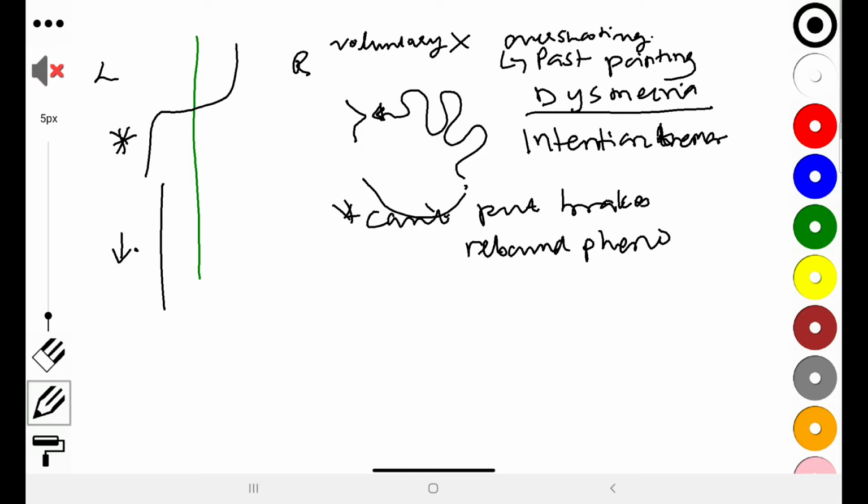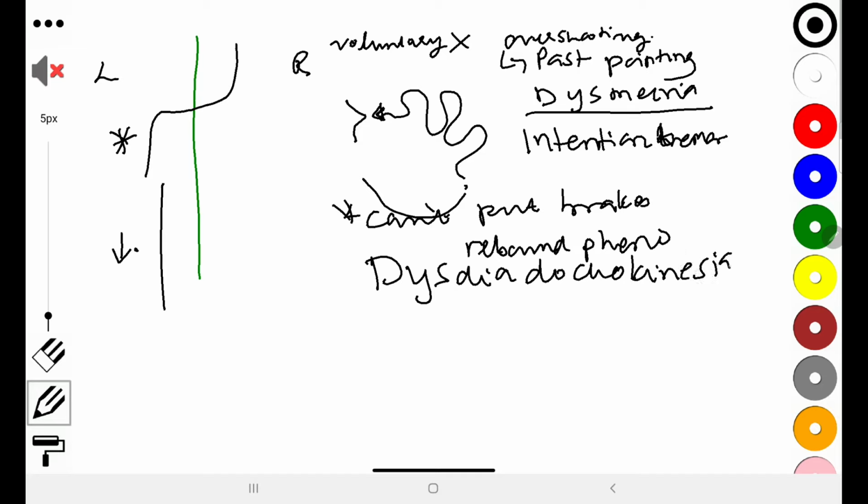For example, if you're moving your right hand to the right and your left hand to the left, you find that individuals are not able to do this. This is known as dysdiadochokinesia.